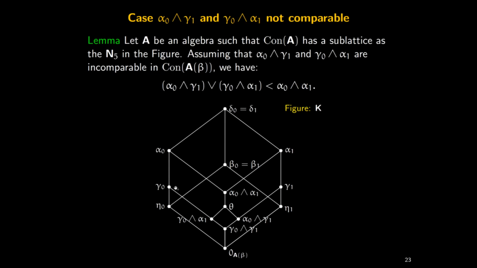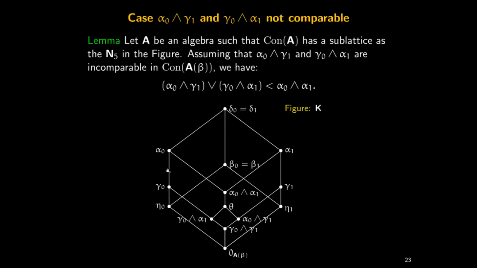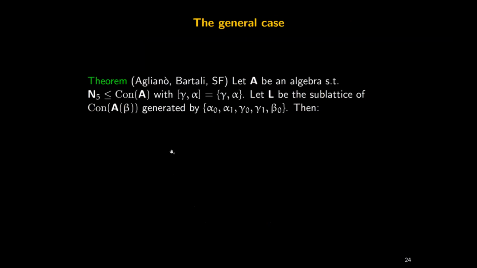To exclude this case, of course, we can suppose that in Con A, the interval between gamma and alpha is composed of only two congruences, gamma and alpha, so there is nothing in the middle. And this excludes the congruence that you could potentially generate between gamma 0 and alpha 0.